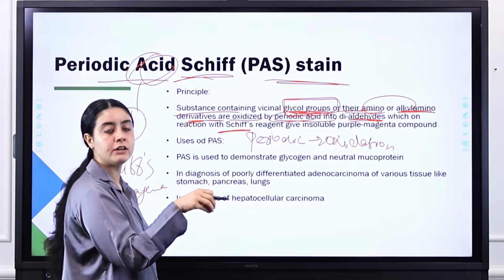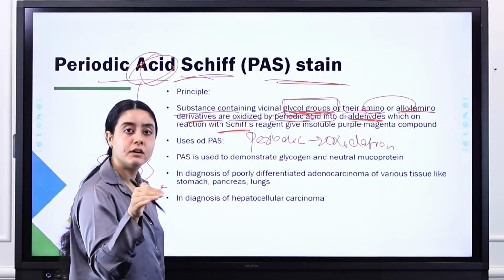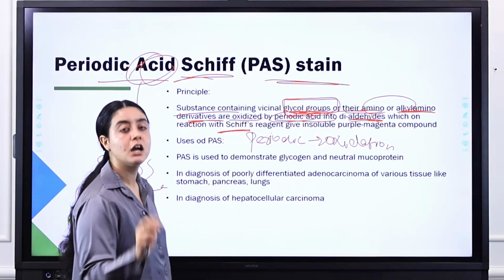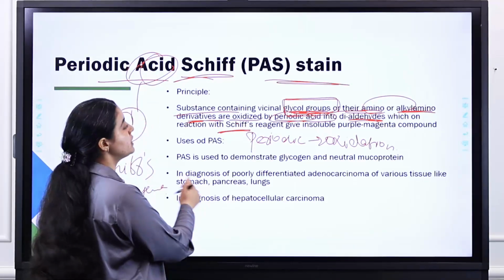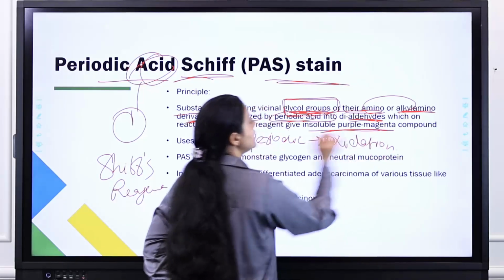First we treat our slides with the periodic acid, then in the next step we put our slides into the Schiff's reagent. On reaction with the Schiff's reagent, what will happen? It will give an insoluble purple magenta compound.